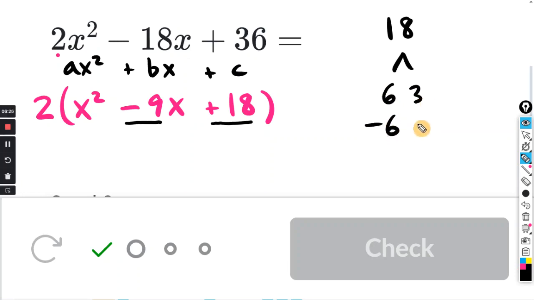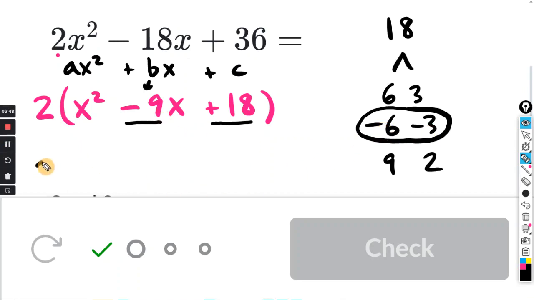Negative 6 times negative 3 is good. 9 times 2. You can keep going, but you can stop when you find a pair that adds to b. Okay, and from these pairs, we can see negative 6 plus negative 3 is negative 9. So we can use these two.